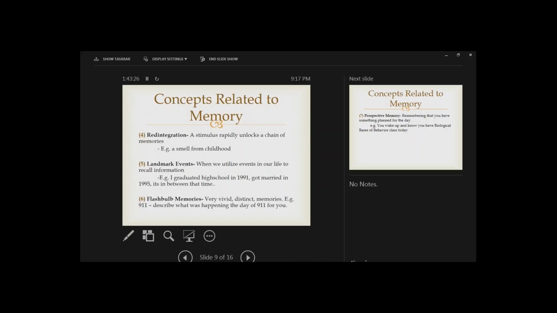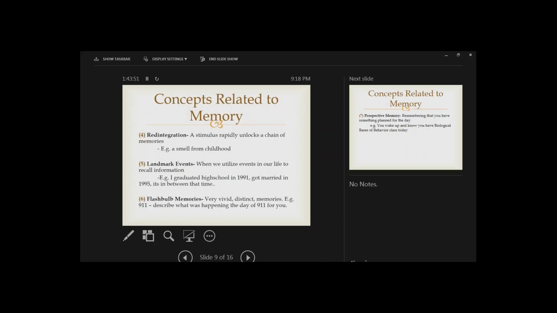Landmark events are what we utilize to recall information. It's a way that we recall information. So you've probably done this before, but if you're trying to remember, say, wait, what year was it that I went to Italy for the first time?